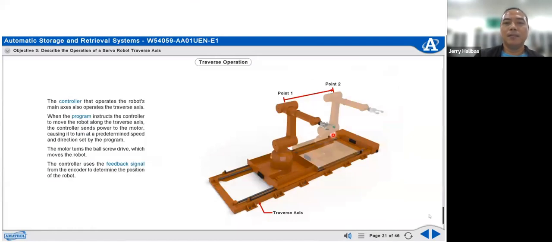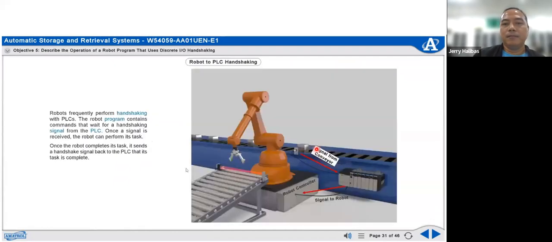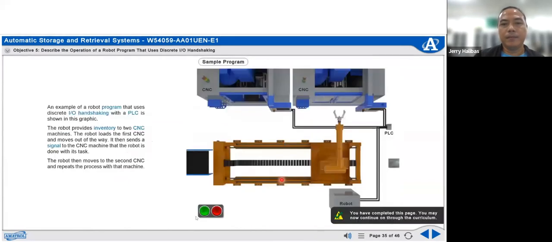So here we get the movement from point 1 to point 2. Handshaking. You notice that the robot is wired, probably using TCP/IP or Ethernet.